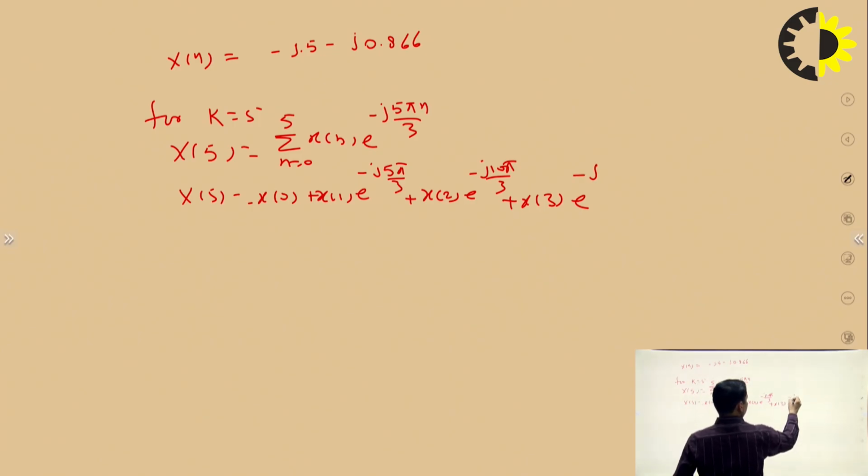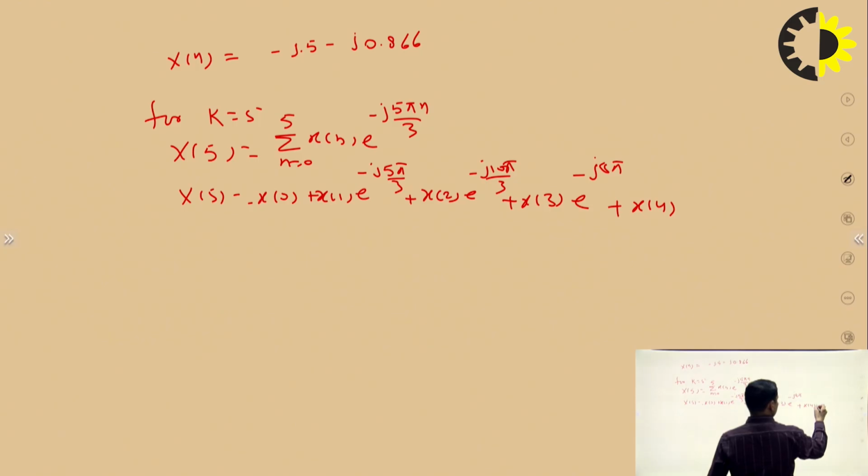Minus j, put 3 j 5 pi, after that x4 e raised to power 4 into 5, that is 20.